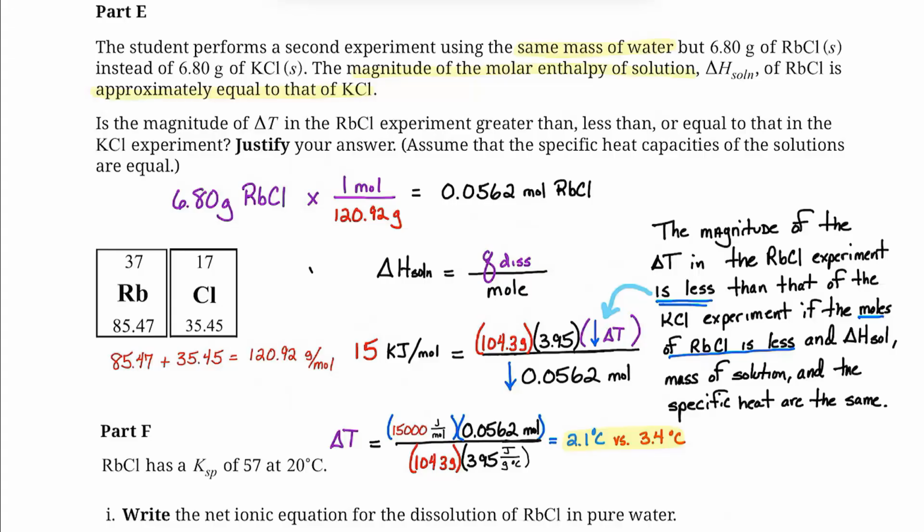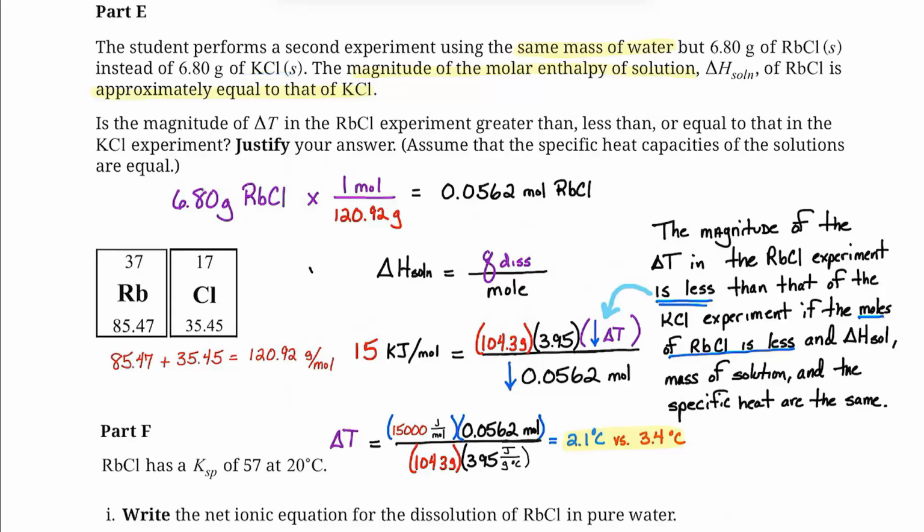So in this question, a student performs a second experiment. To set this up, there was already an experiment that was done where delta H was measured, and there was a temperature change in that calorimeter of negative 0.34. Now we're going to use another experiment, same calorimetry, but we're going to use rubidium chloride instead of potassium chloride that we used originally.